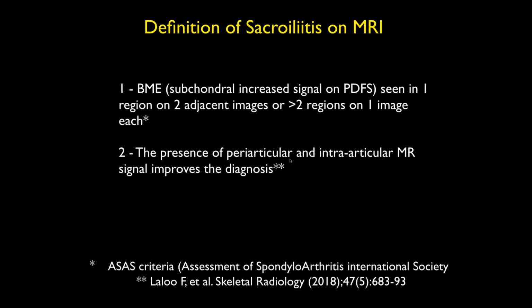And then if it's in the periarticular, intra-articular region, it improves the diagnosis. But this is a very arbitrary classification, and it's in the literature. Basically, to call it sacroiliitis, you really need to see more than just a minimal degree of disease that looks degenerative.